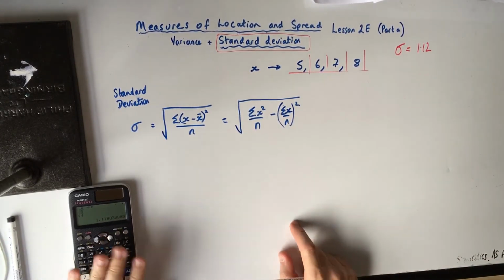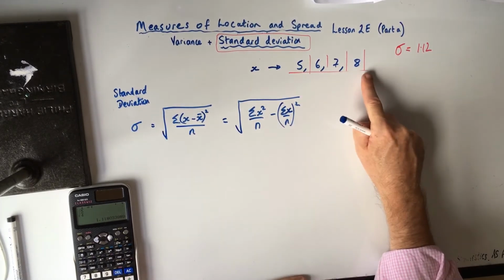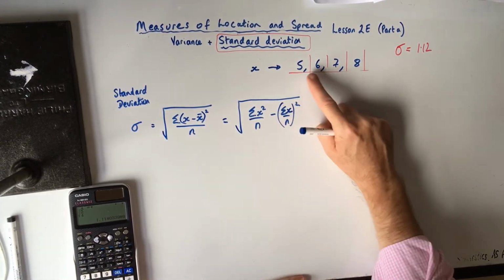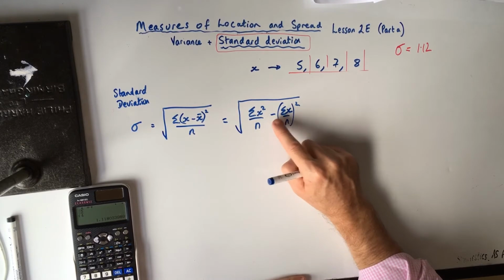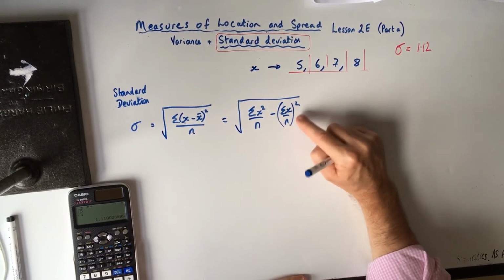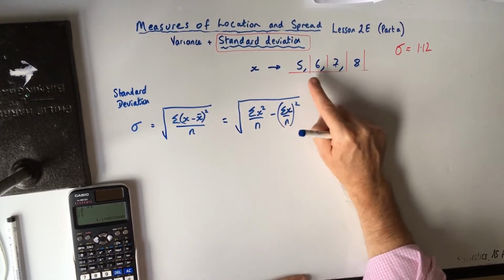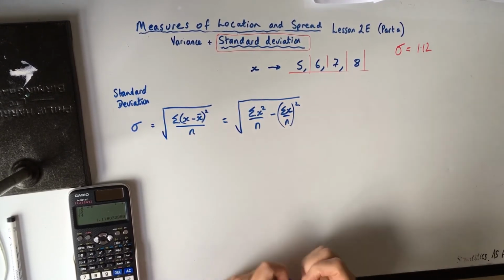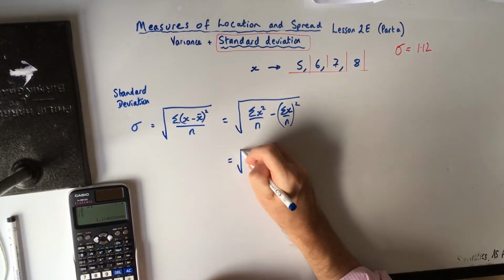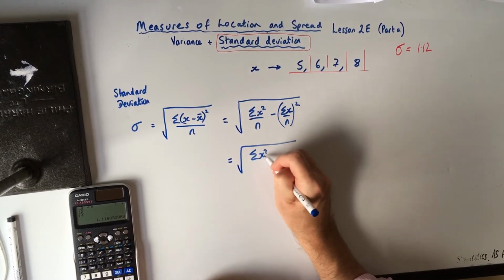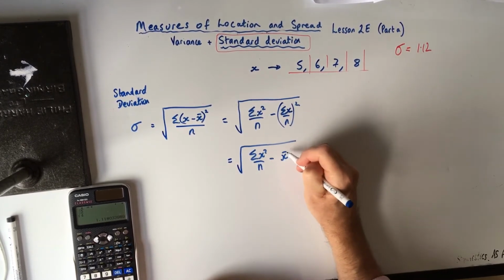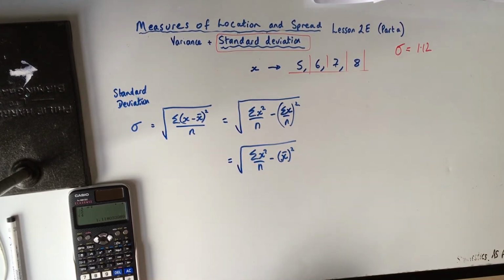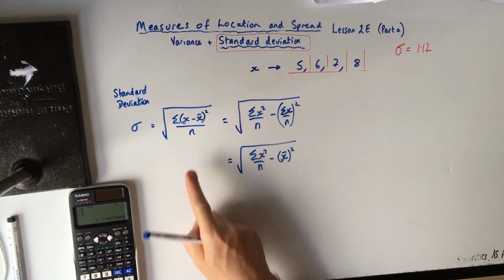So that is those numbers squared divided by 4, the sum of those numbers squared divided by 4, minus, and this of course is the mean, the sum of all of those divided by n, squared, so that is the mean squared. Or I suppose you could better write it as the sum of x squared over n minus the mean squared. So it gives you the same answer as this.